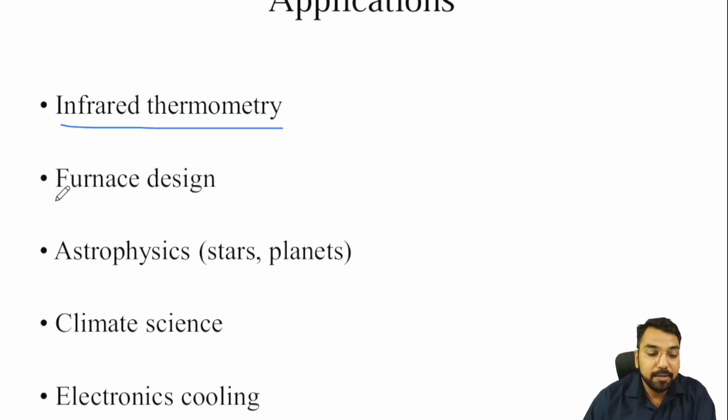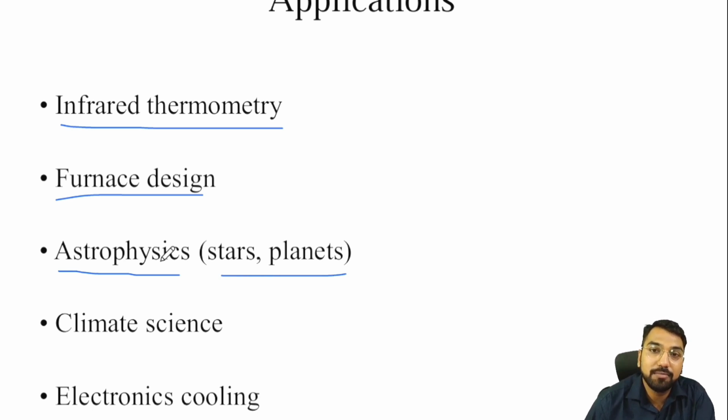The next applications are furnace design and astrophysics, stars and planets. How stars and planets move, how they actually work and how they form, is also analyzed using this radiation heat energy.